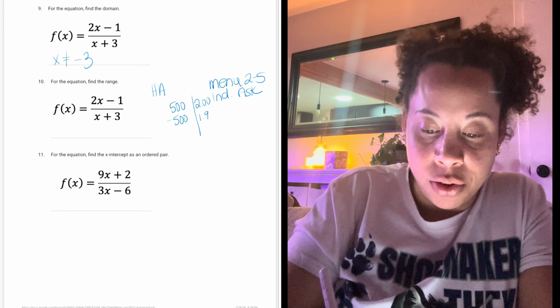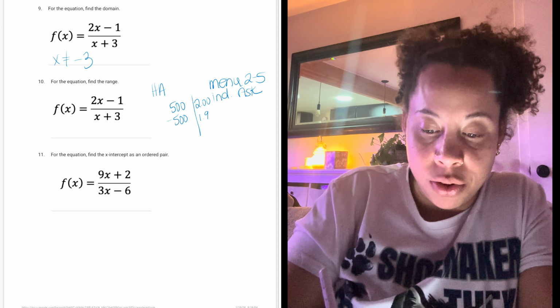Okay, so that's the same thing for your second example. I'm just going to put the answers here. For your x-intercept, that is negative 2 over 9, comma 0, which I think is like negative 0.22.